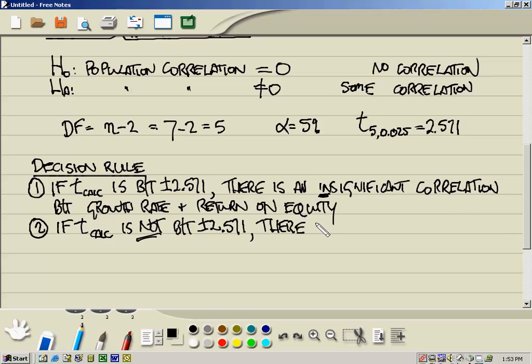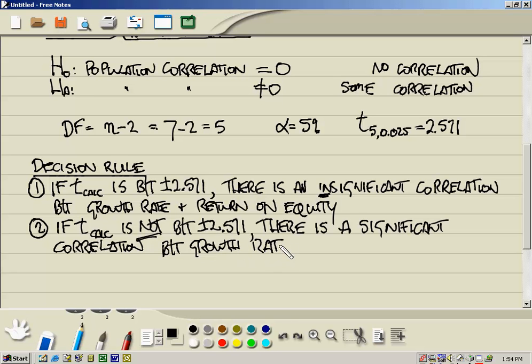We'll say there is a significant correlation between our two variables, the growth rate and return on equity.